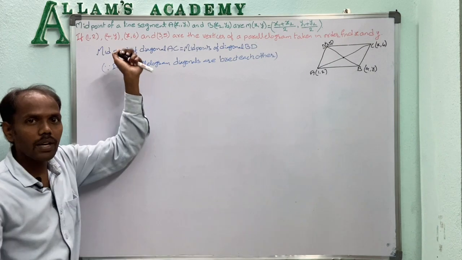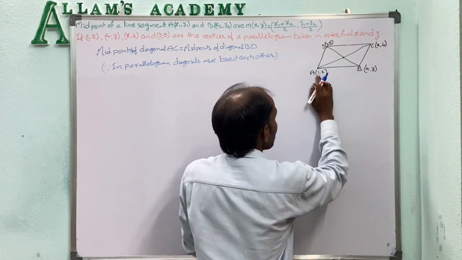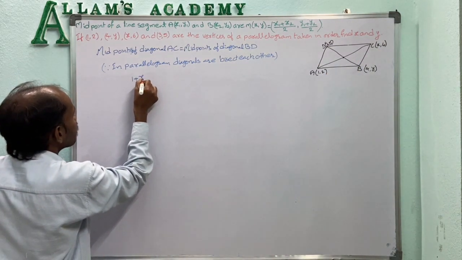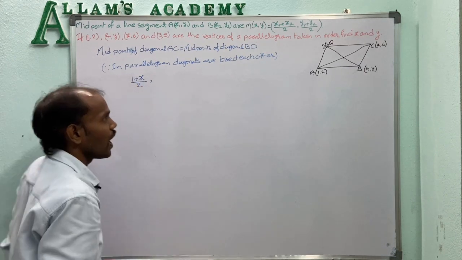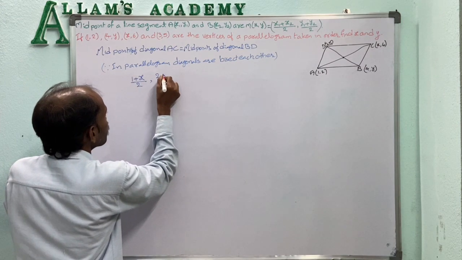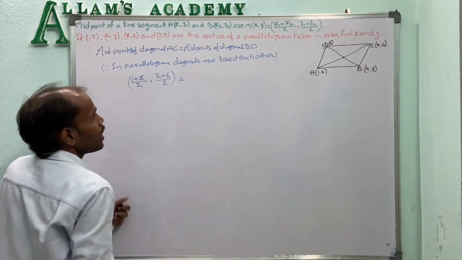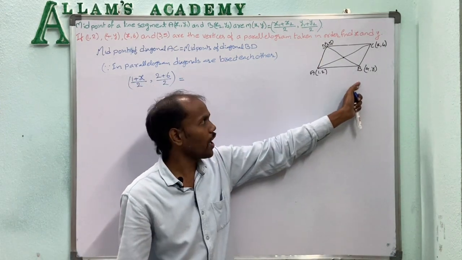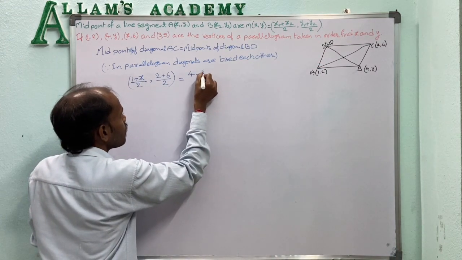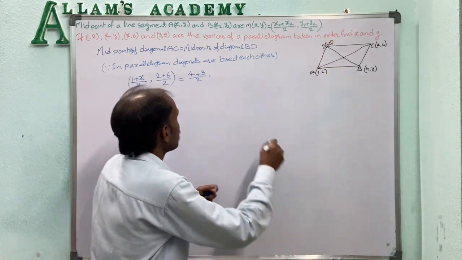Using the midpoint formula, substituting, we get ((1 plus x) by 2, (2 plus 6) by 2) is equal to the midpoint of BD, which is ((4 plus 3) by 2, (y plus 5) by 2).